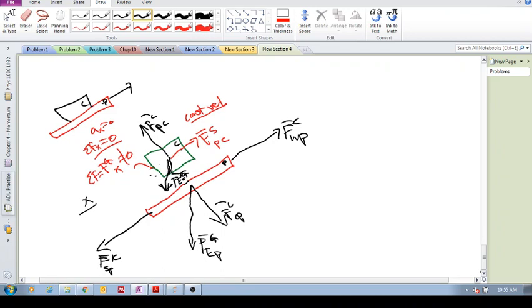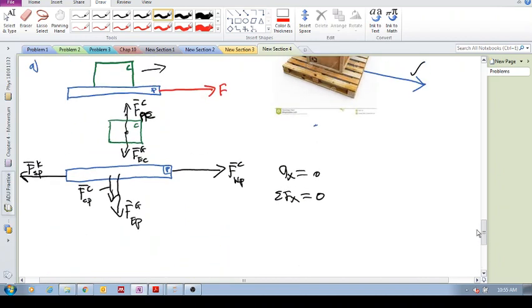But then because we've got this static friction force over here, we need to counteract it with the static friction force on this body. So it's static friction force of the crate on the pallet. Okay, so that is the slight difference between these two.